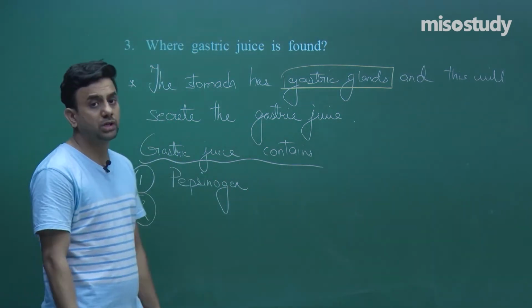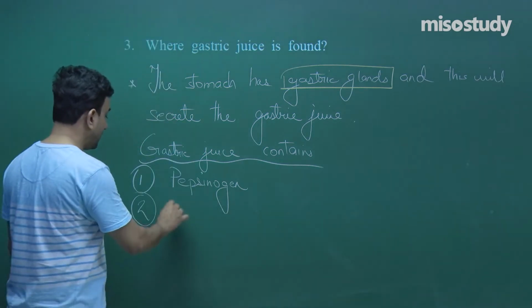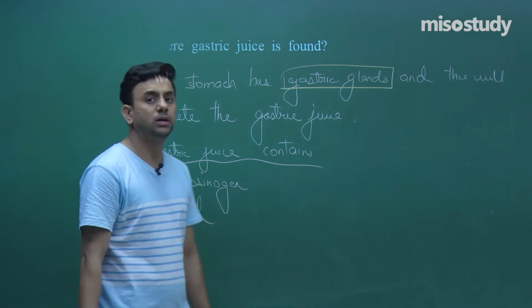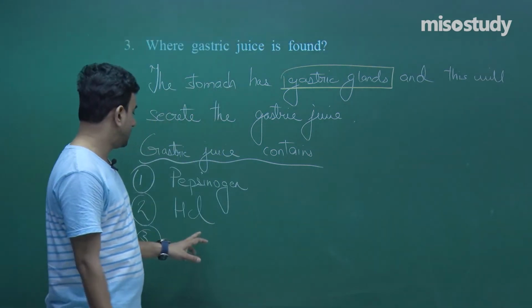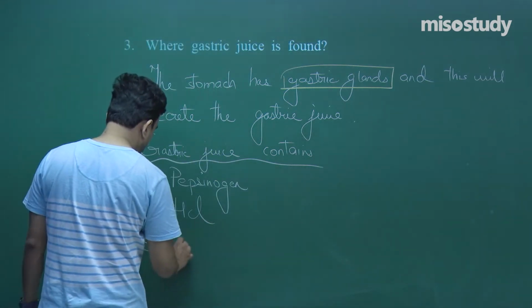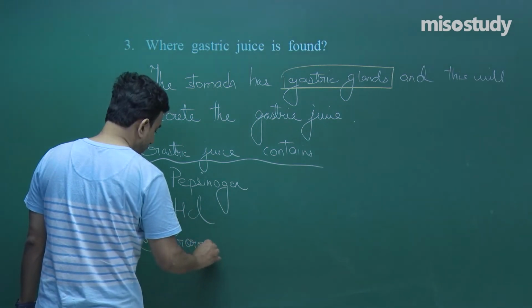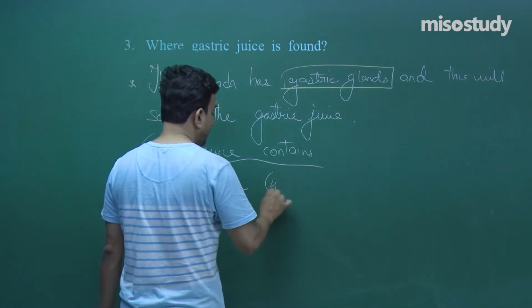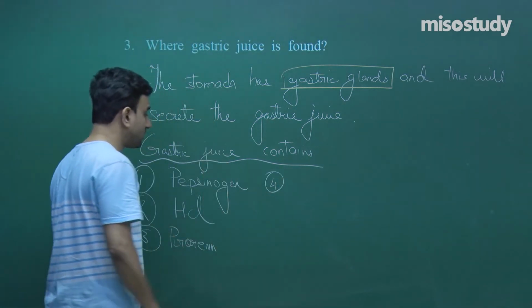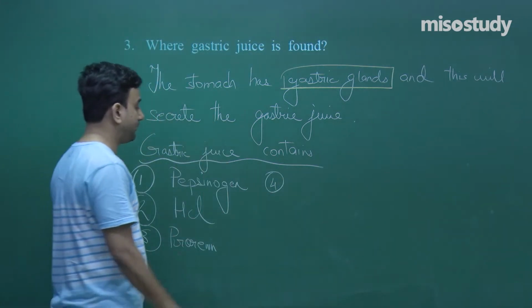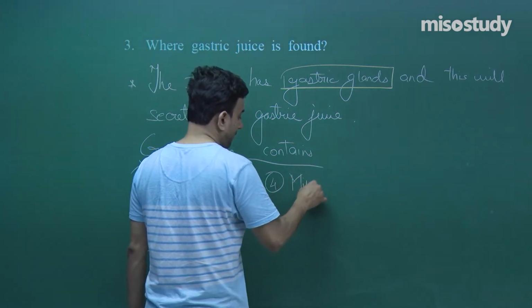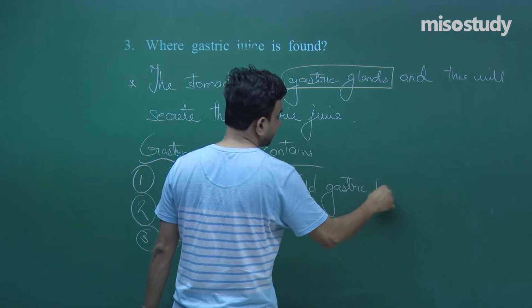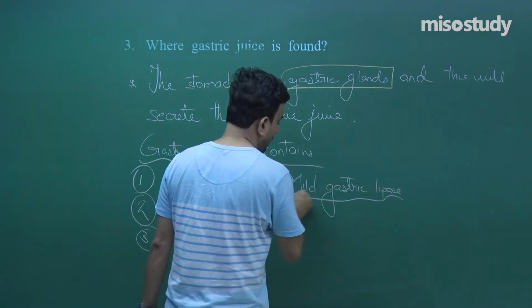After the pepsinogen, it will contain the HCl, the prorenin, which will convert into renin, and also mild gastric lipase. Why called mild?